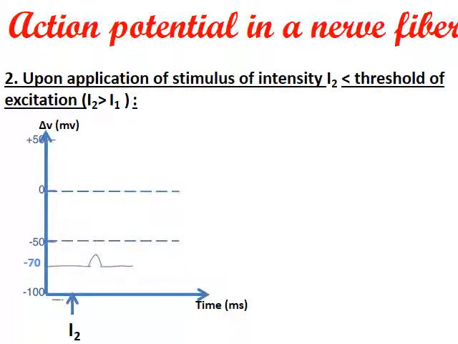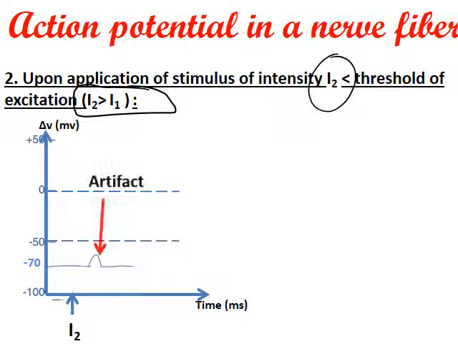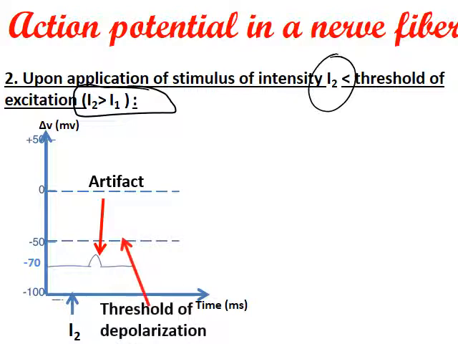Moving on, upon application of stimulus I2, less than threshold, but I2 is greater than I1, you have a small artifact here, a small change not considered an action potential. It doesn't reach the threshold of depolarization.